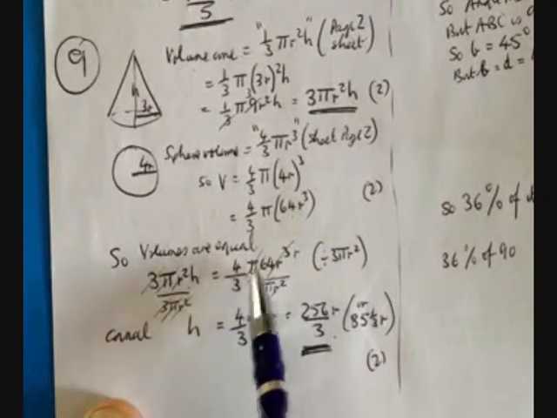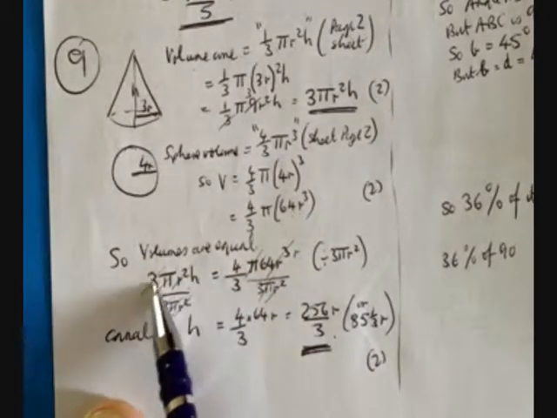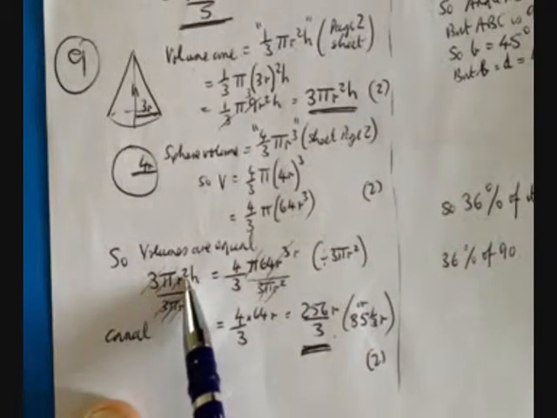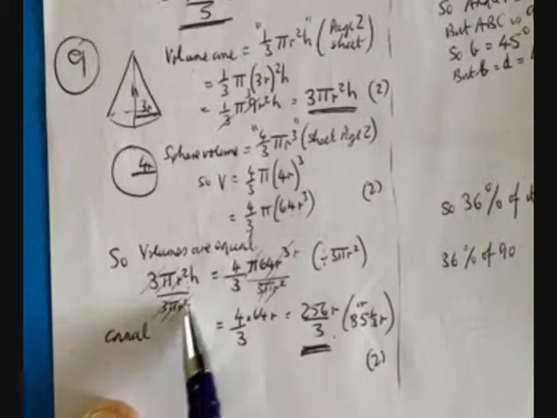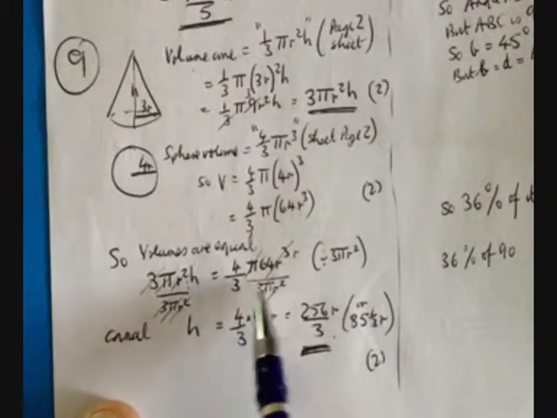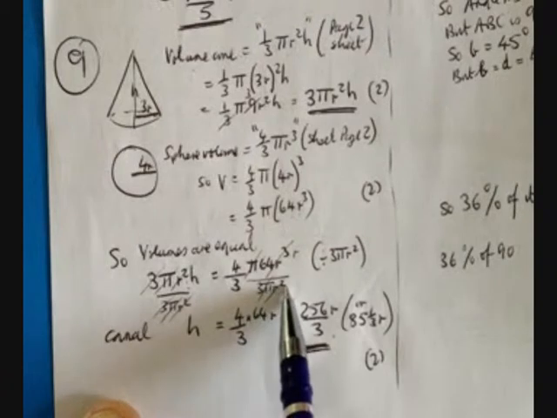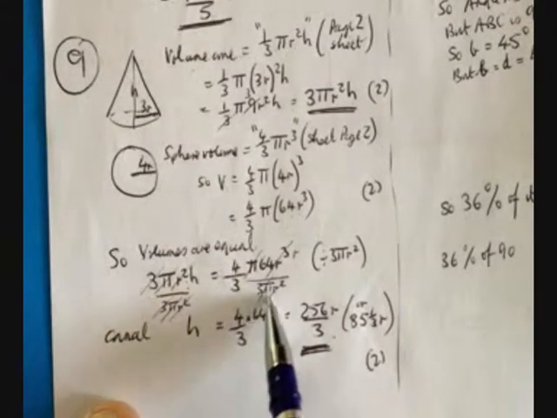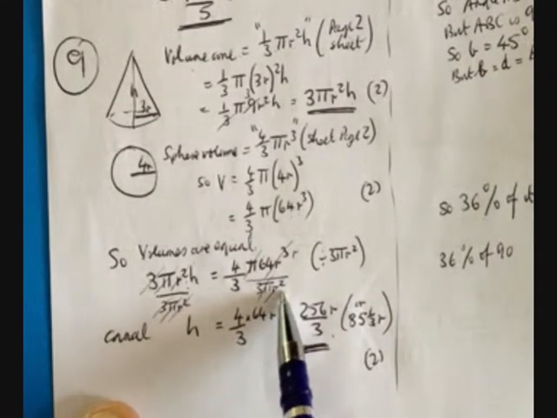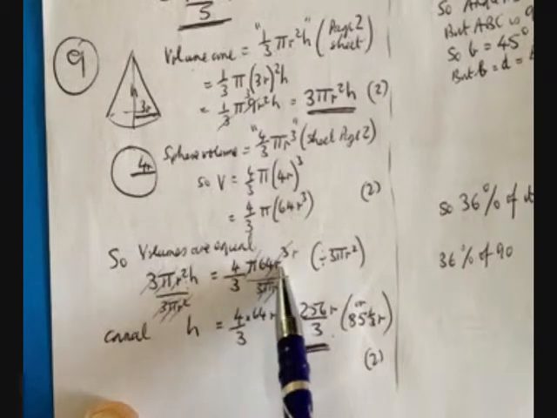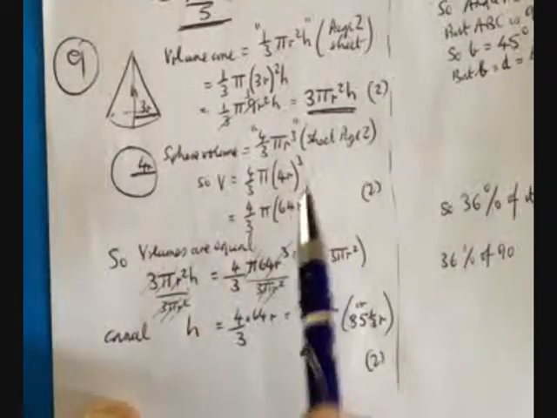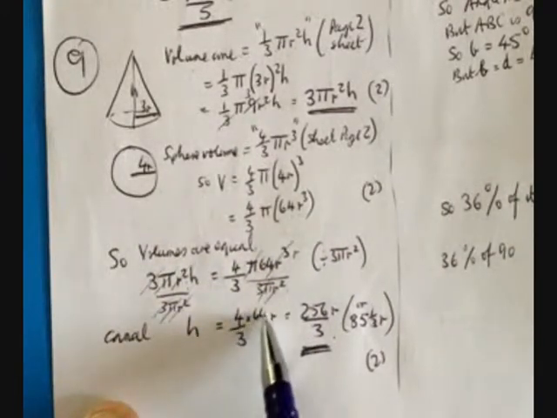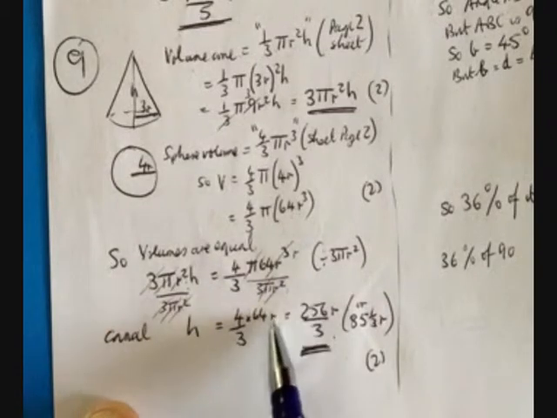And now, finally, I want h. Well, look, this is multiplying, so I divide by it. So I put 3 pi r squared there, and 3 pi r squared there. Now I cancel, and that's all gone, and the pi's have gone, the 3 hasn't, r squared has, and with r, I'm left with 4/3 of 64r.